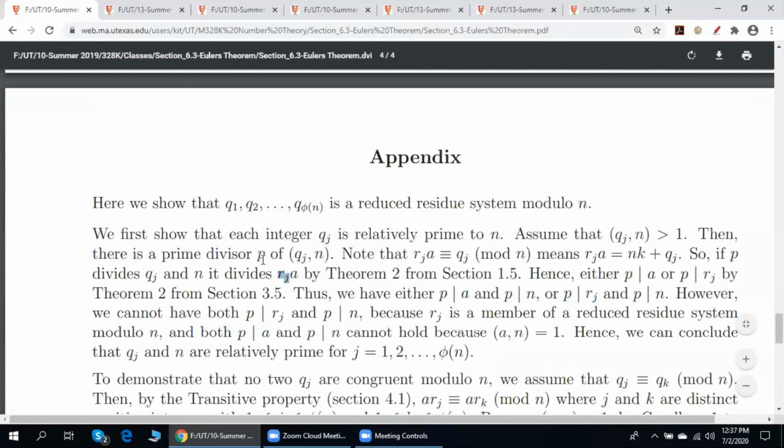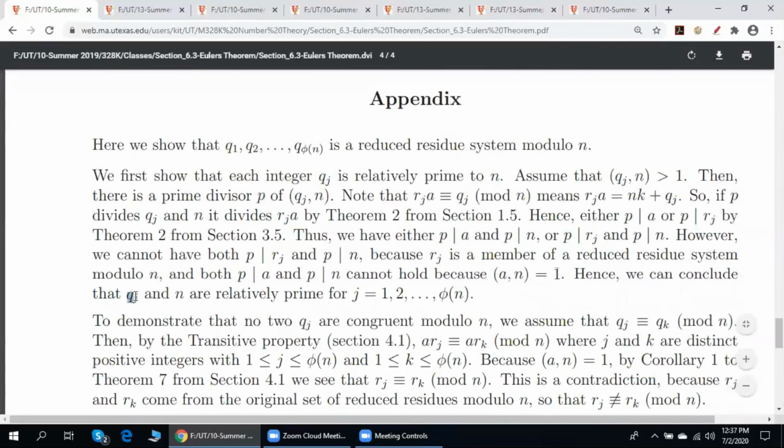Also note that P divides n. It's exactly what we have here. So we have two possibilities, either this or this. However, this is impossible because Rj is a member of a reduced residue system modulo n. And this is impossible because A and n are relatively prime. Conclusion: Qj and n are indeed relatively prime.